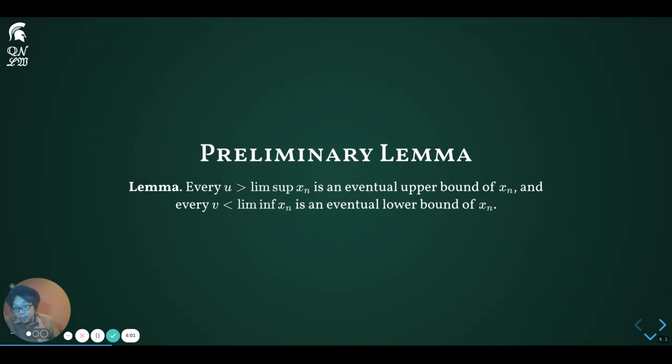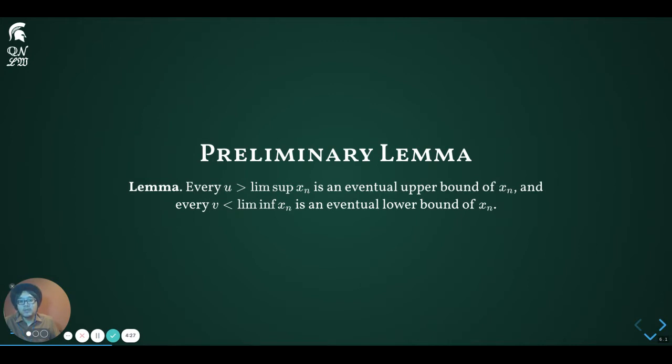Given an arbitrary set S, it is not the case that every number less than the sup of S is an element of S. It is also not the case that every number greater than the inf of S is an element of S. What we can say in general is that if a number is less than the sup of the set S, then there is an element of S that is greater than the given number.